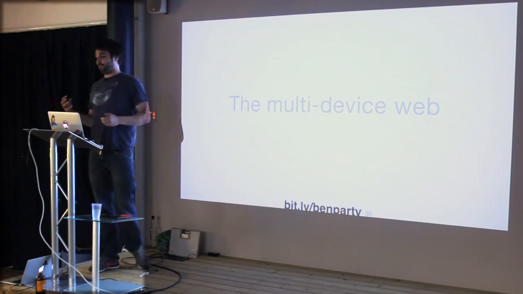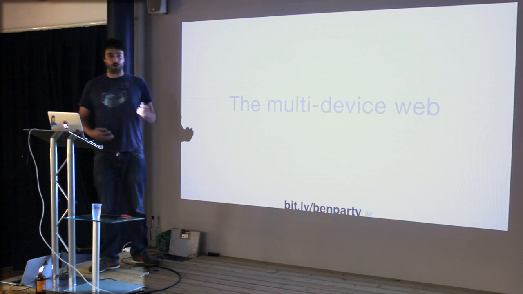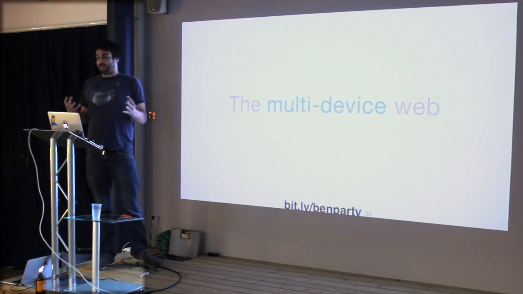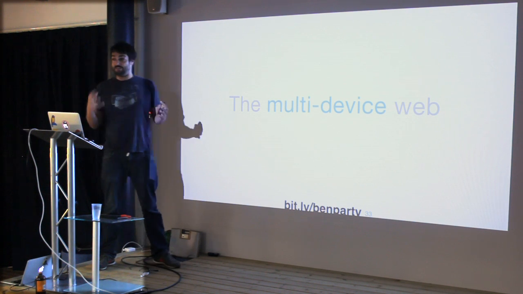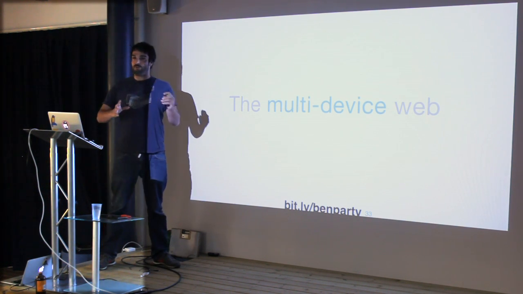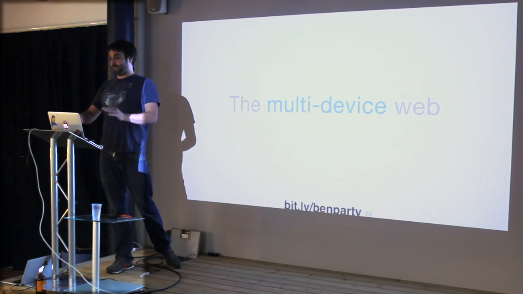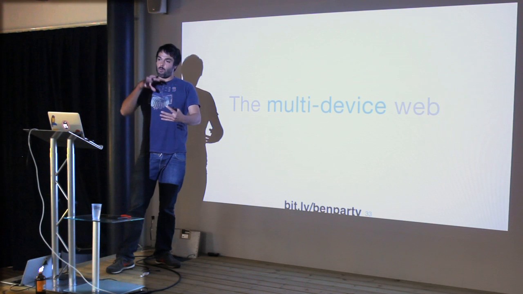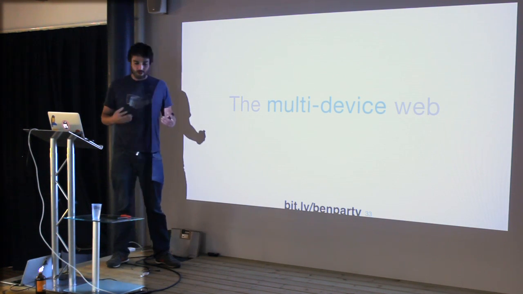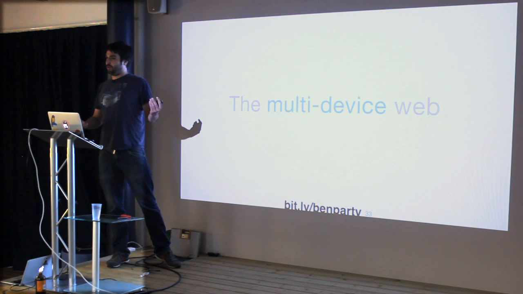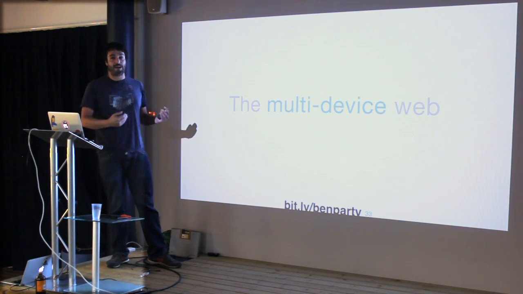My talk today is about the multi-device web. When we're interacting with technology, we quite often do it through a single device. When you're visiting a web page, you're physically interacting with that one single device. Whereas actually you can have several devices around you that could be part of that interaction.